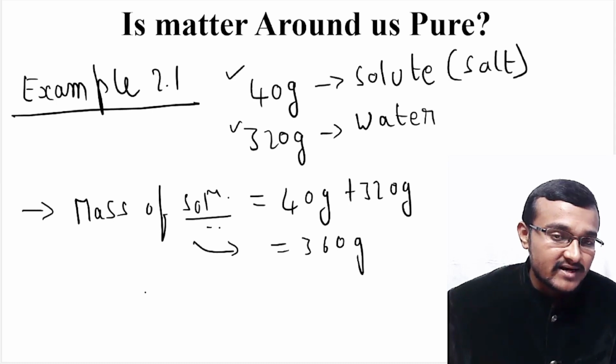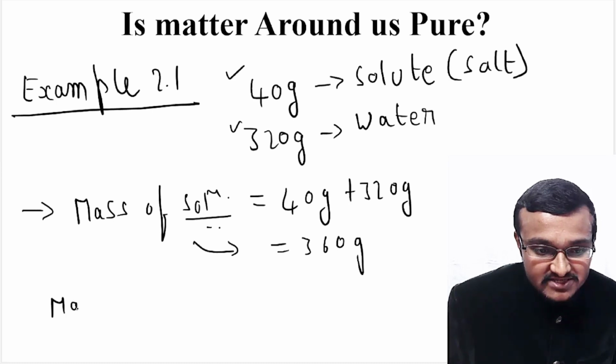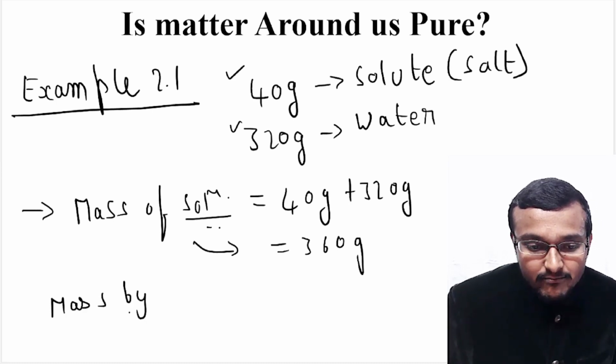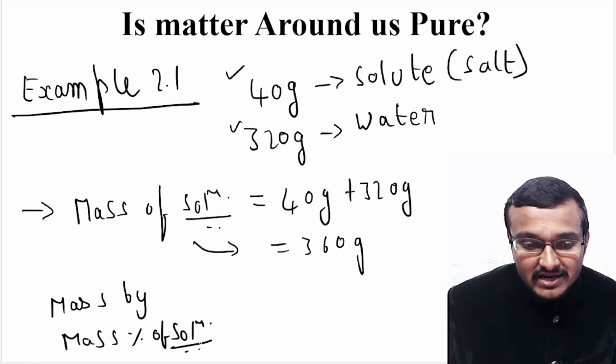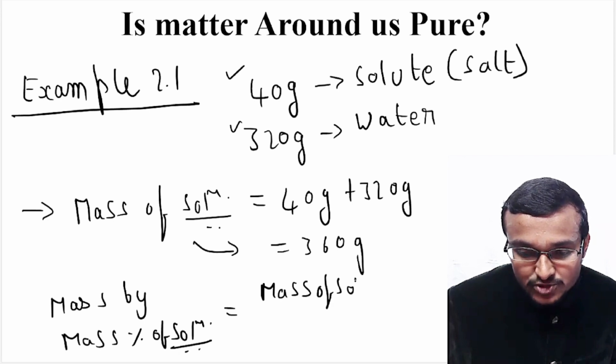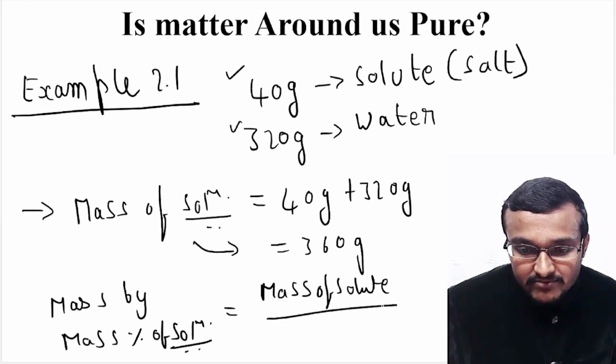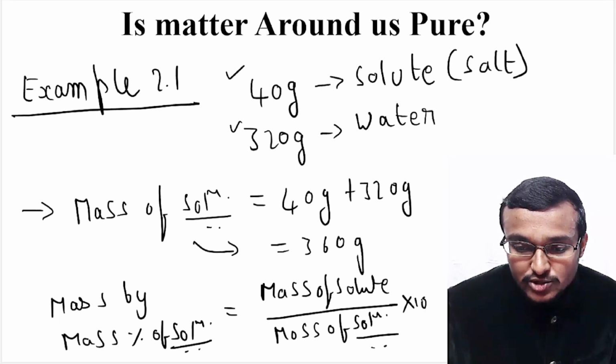Why am I taking mass of solution? Because they have asked mass by mass percentage of solution, so you should calculate mass by mass percentage of solution. How do you calculate it? Mass of solute should be in the numerator, divided by mass of solution in the denominator, into 100.